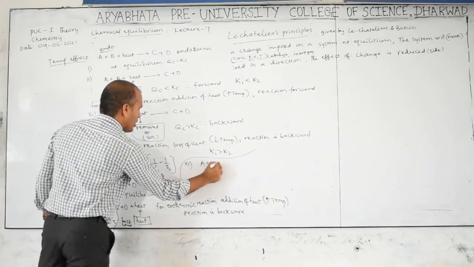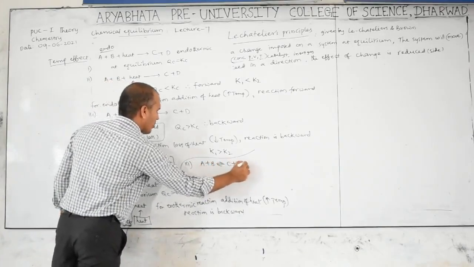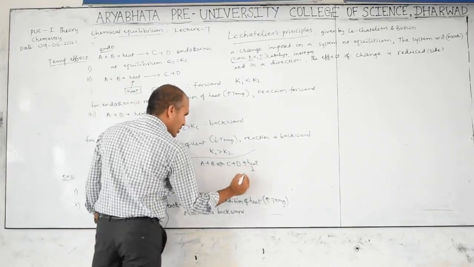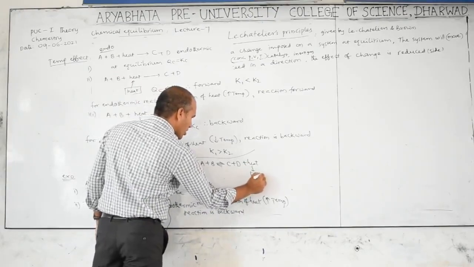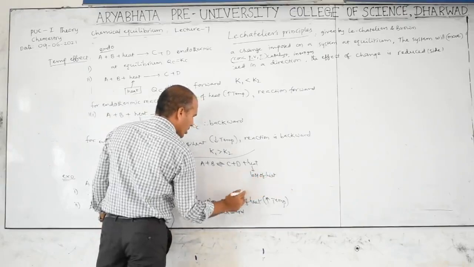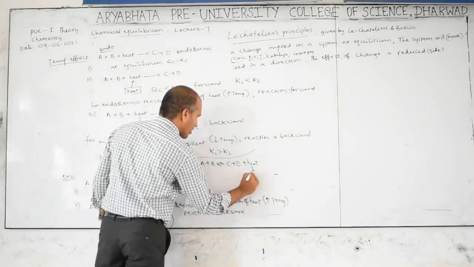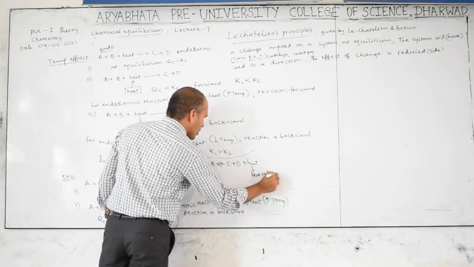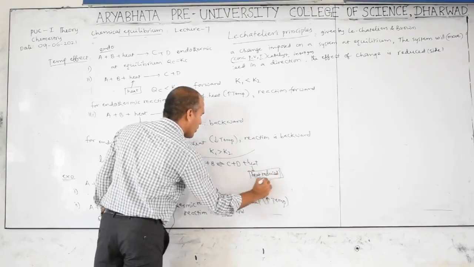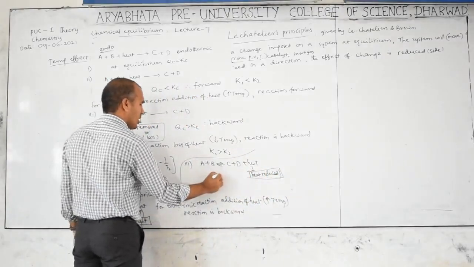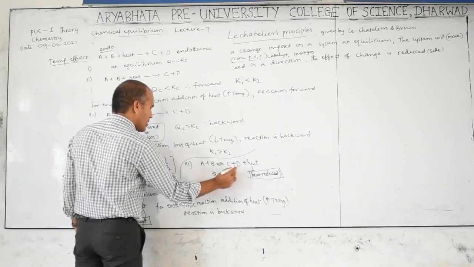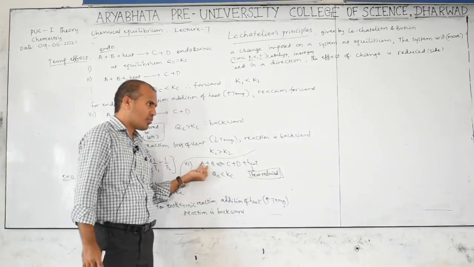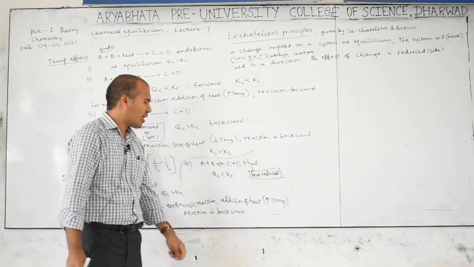A + B gives rise to C + D + heat. In this case, I am decreasing the heat. Loss of heat means heat is reduced. Heat reduced. Then what happened? Here Qc is less than Kc. When the right side product decreases, here the reactant concentration is more, then it shifts toward the forward direction.